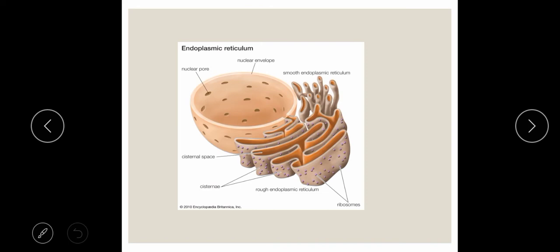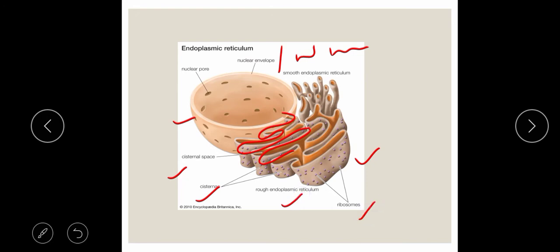So firstly, in this diagram, we can see this is the nucleus and this is the endoplasmic reticulum. The nucleus contains nuclear pores and the nuclear envelope, or we can say the nuclear membrane. The nuclear membrane is in continuation with the endoplasmic reticulum, and in the endoplasmic reticulum we can see the cisternal space, the cisternae, rough endoplasmic reticulum, ribosomes, and the smooth endoplasmic reticulum.